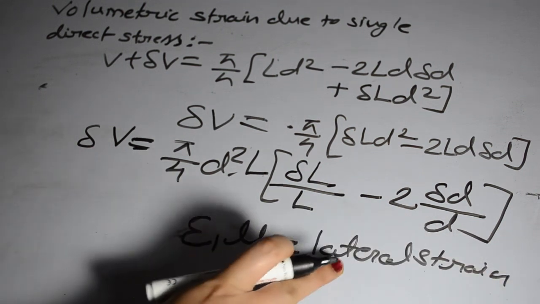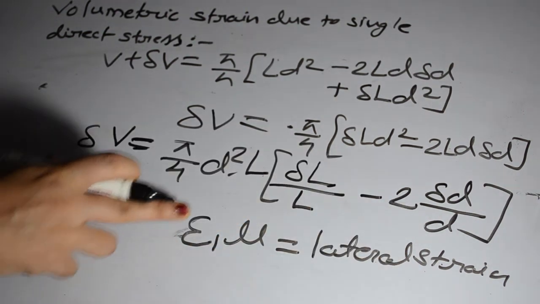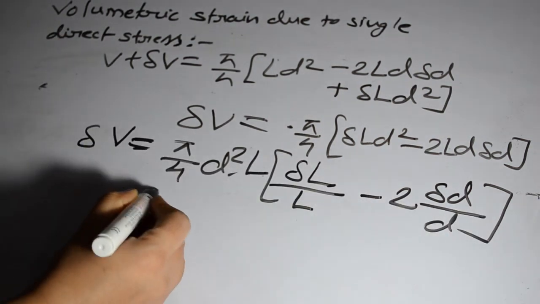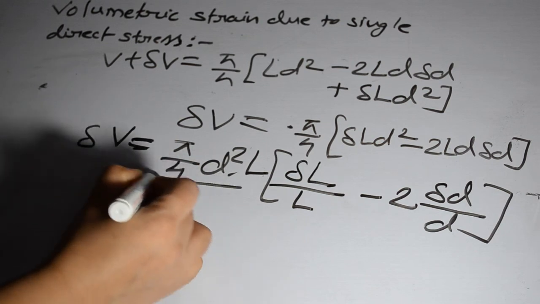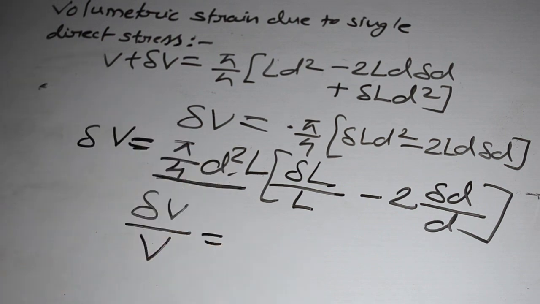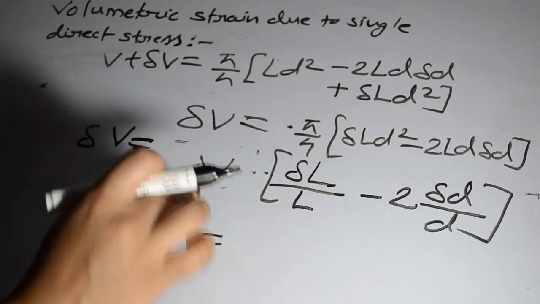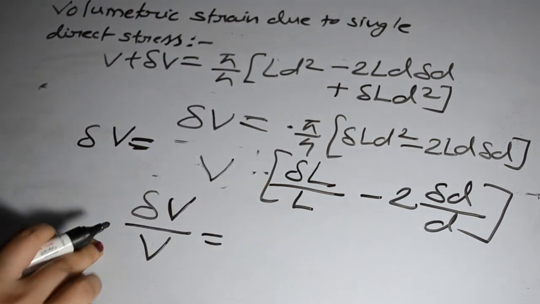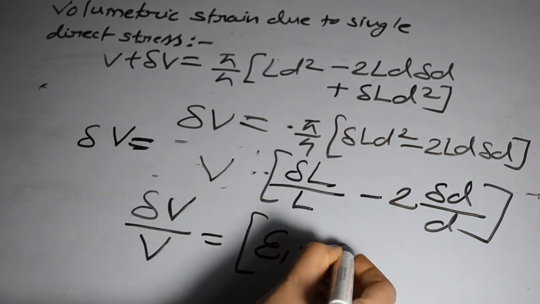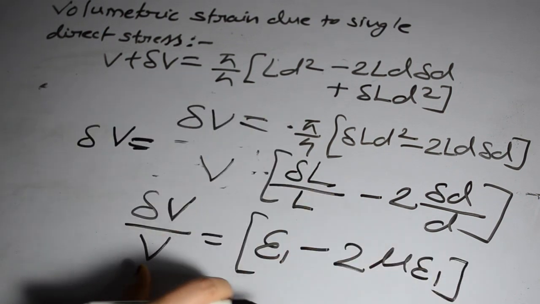So if we put eta 1 in place of longitudinal strain, and mu eta 1 in place of lateral strain, in that condition we will have the equation delta V by V, which is the volumetric strain, equal to eta 1 minus 2 mu eta 1. See, this is the equation.